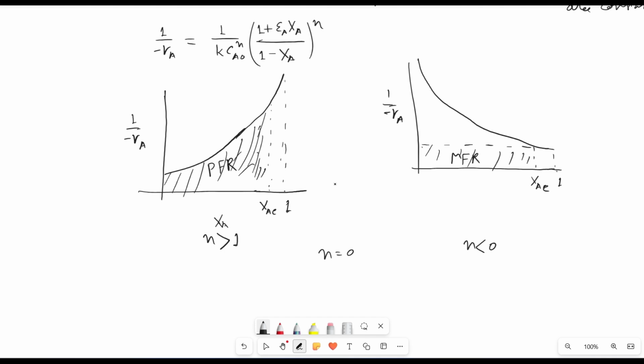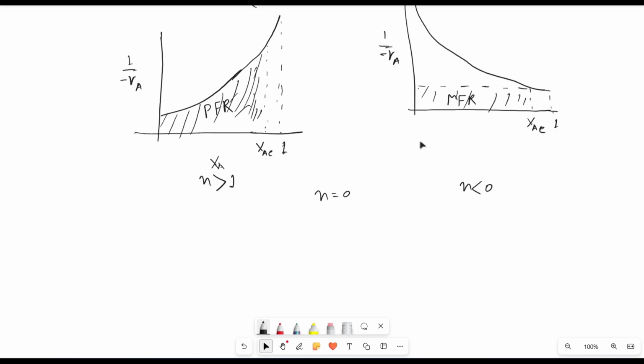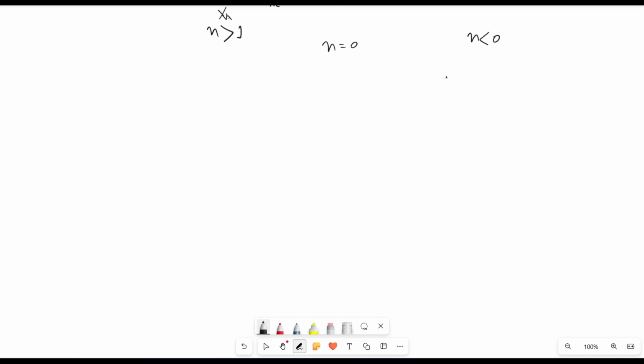So understanding this is very useful. Now there is another thing which is called fractional yield, which is also very useful in flow based reactors. There is another distinction I forgot to mention.